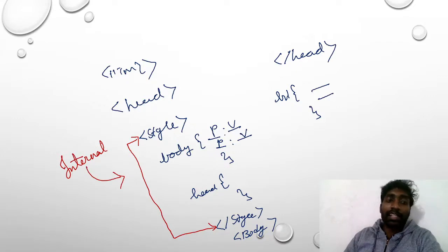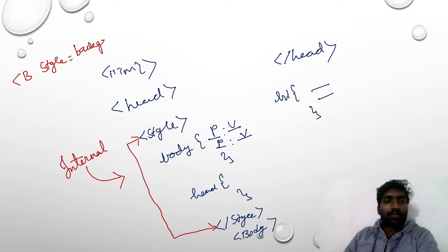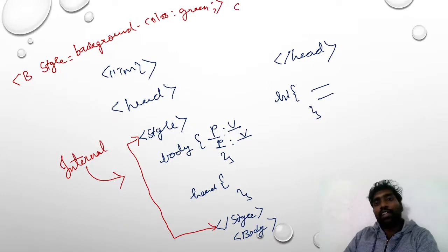This is internal. Inline means what? Inside of. Example B, bold, correct? Style equal to, now we may give any example, background color green, semicolon, close, over.